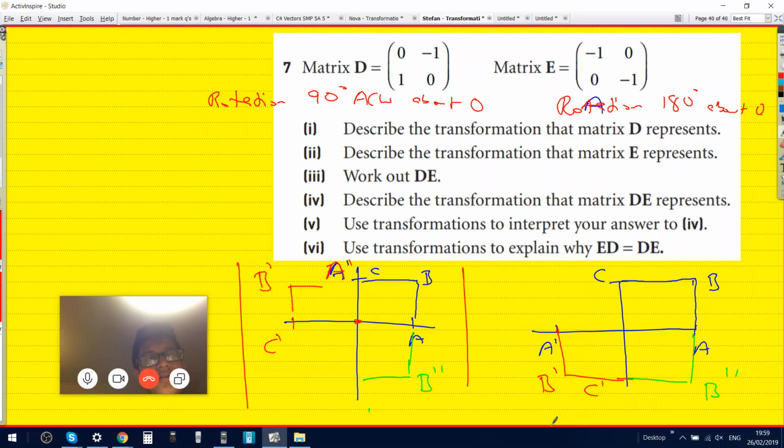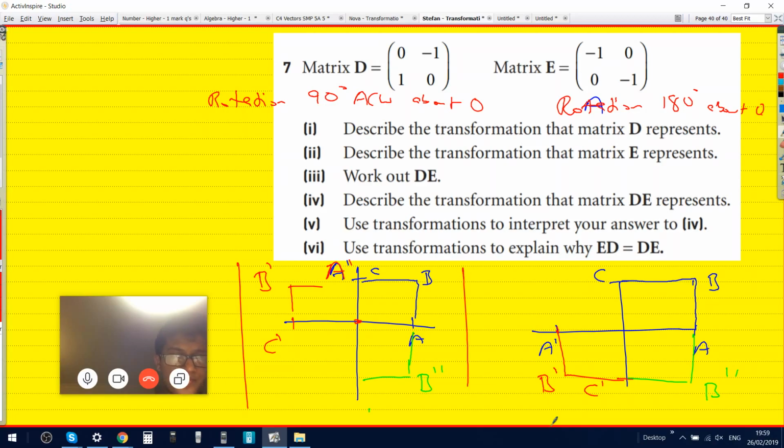Okay. And so, how do you explain that in words? A rotation 90 degrees anti-clockwise about O, and then a rotation of 180 degrees about the origin is the same as a rotation 180 degrees about the origin, and then a rotation of 90 degrees anti-clockwise about O. So it's less clear in words, but I imagine they're looking for a worded answer.